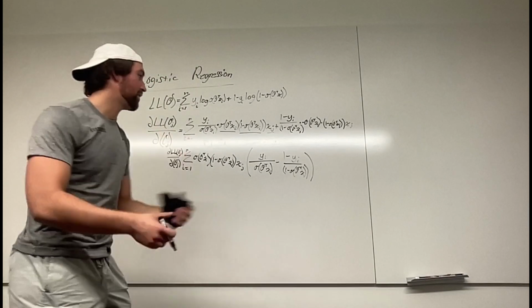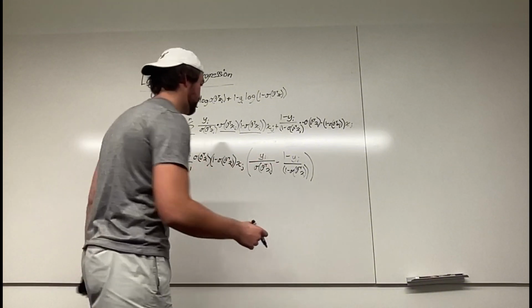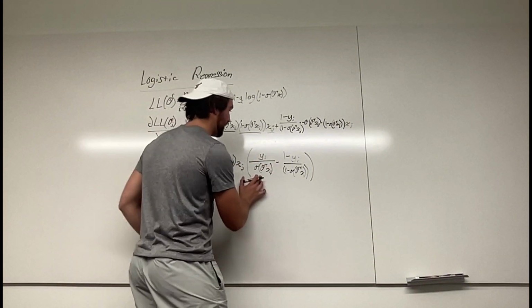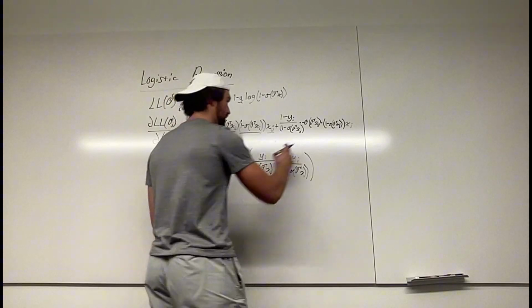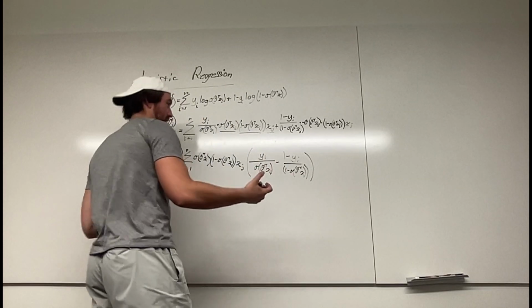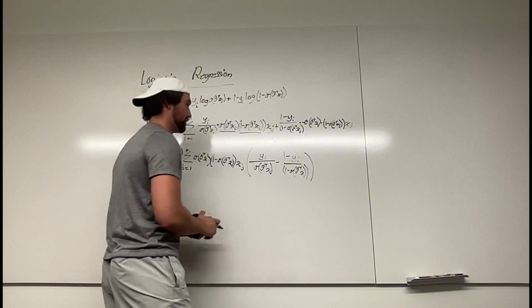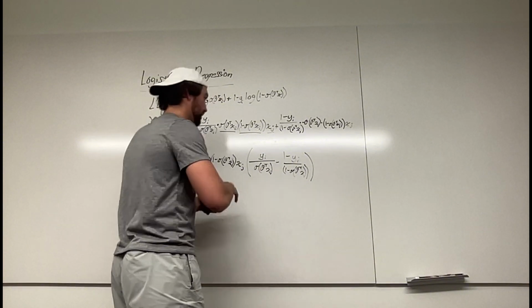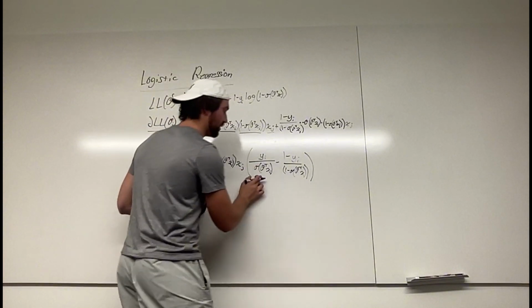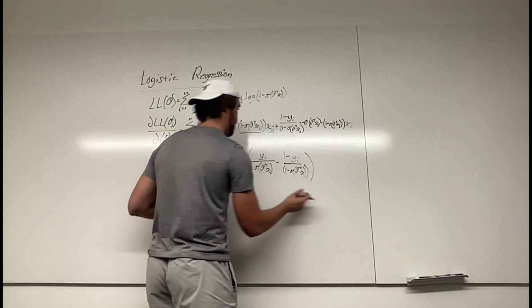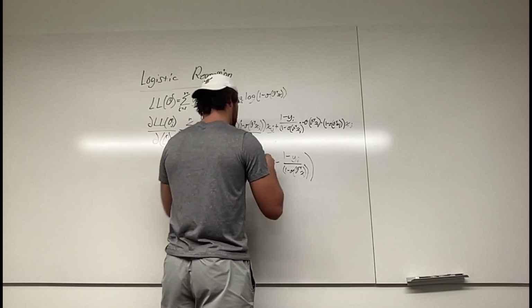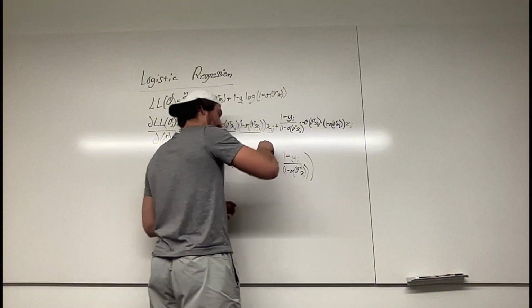But there's an easy way to fix this. We just multiply the missing multiple in each of the denominators by the numerator and the denominator in the other term to get fractions with the like denominator. So that's going to look like multiplying this side here by 1 minus sigma theta transpose x over 1 minus sigma theta transpose x.